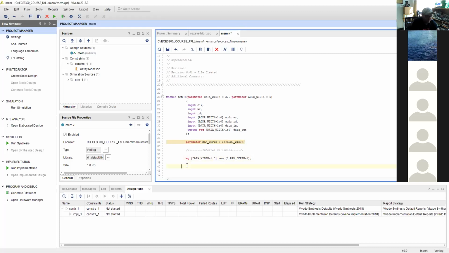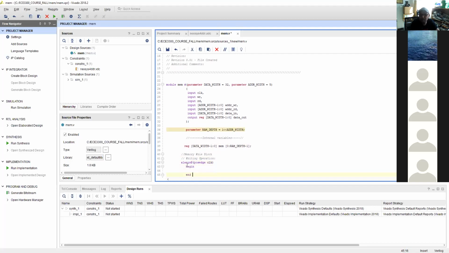So I'm gonna make here memory write block. Writing operation. Then I say here always at the positive edge of the clock.